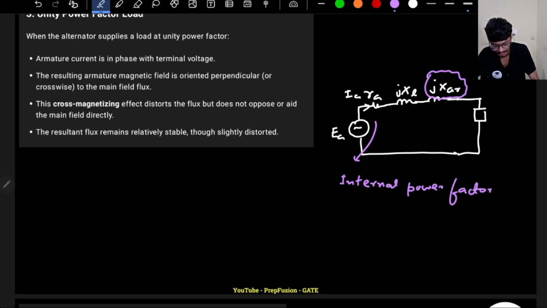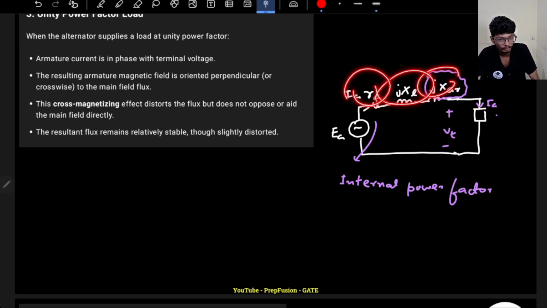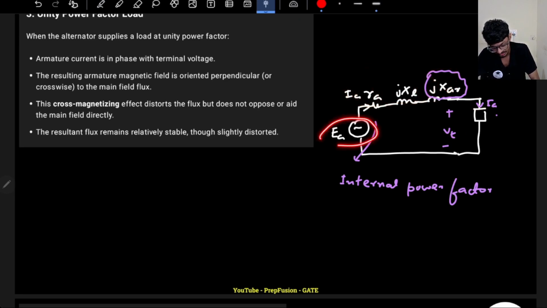Because if I'm saying the power factor of the load, and this is unity power factor, there will be some VT voltage and some IA current with zero phase difference. That is correct. But due to this reactance component, there will be a phase difference between EA and IA, because these are imaginary components, right?